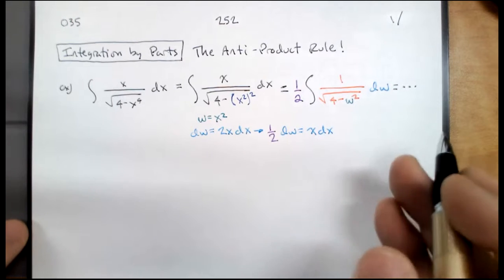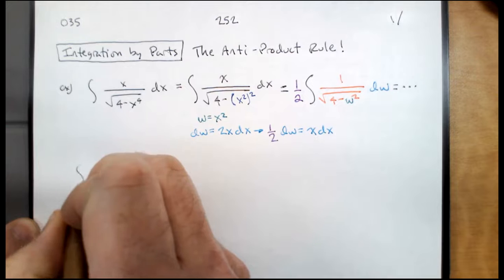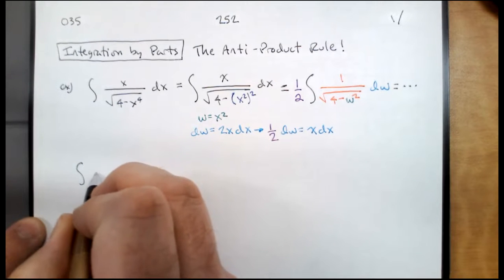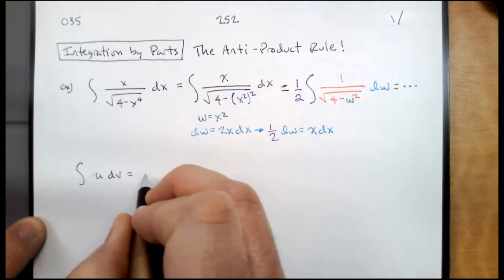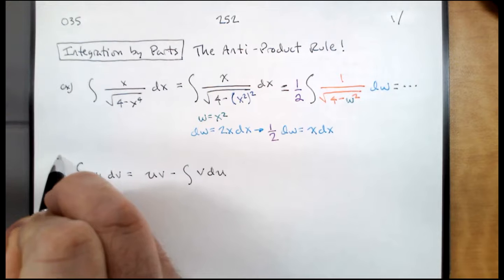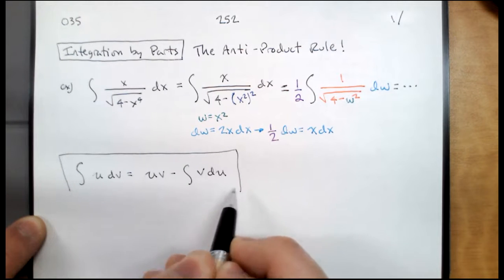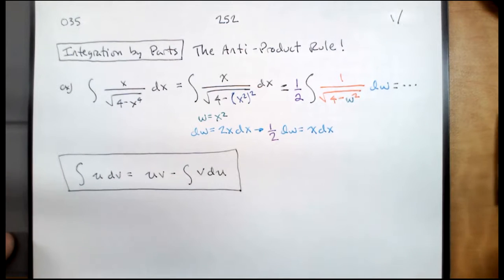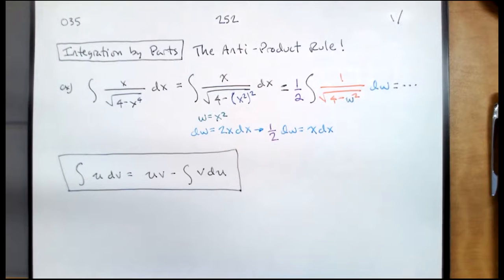Here's integration by parts. This is an anti-product rule, and this is the way that I write it, as a simple statement. Integration by parts says the integral of u dv is uv minus the integral of v du.